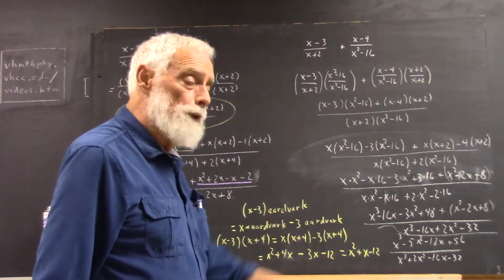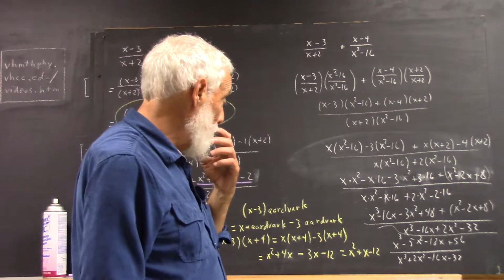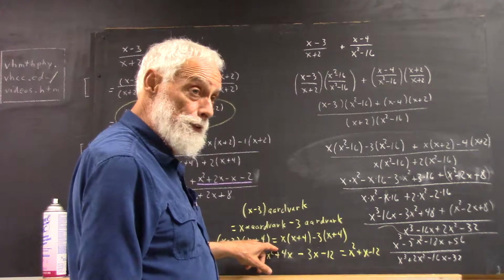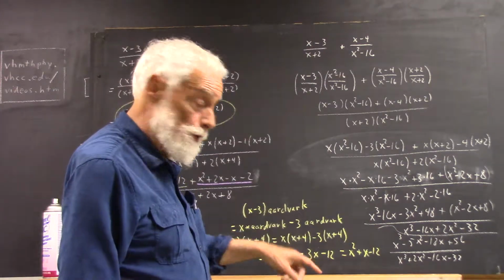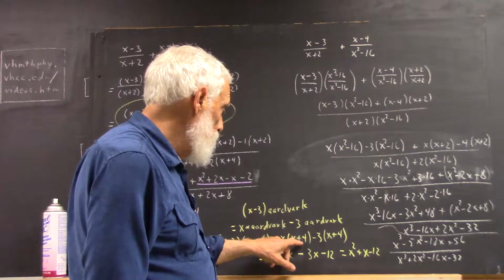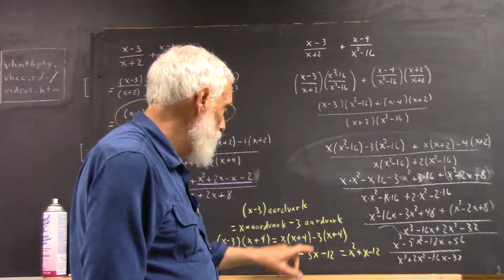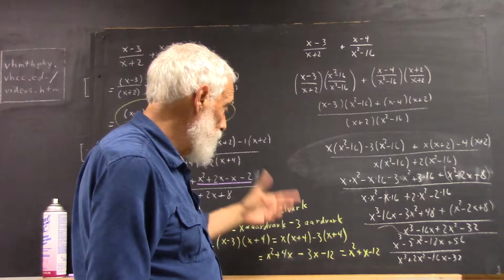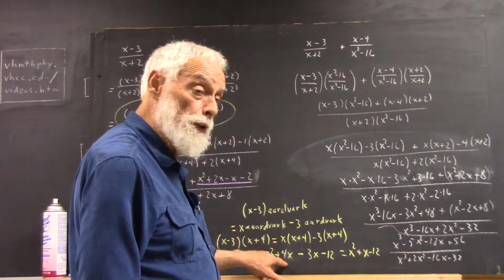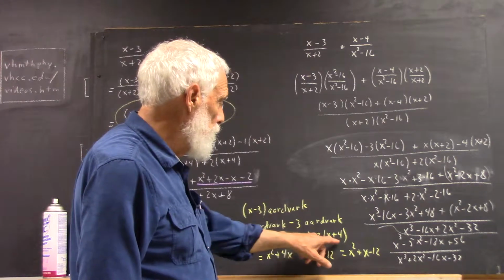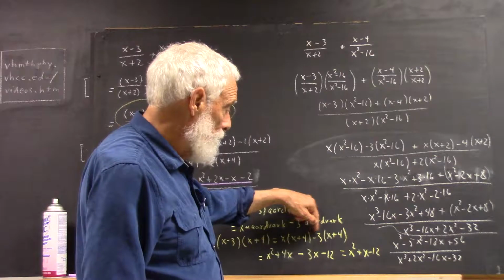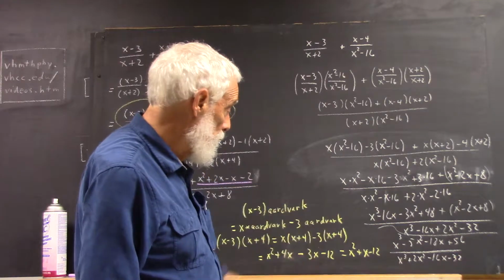And then we apply the distributive law again, because if you multiply x plus 4 by x, the multiplication again distributes over the addition. So you have x times x plus x times 4, which is, of course, x times x is x squared, and x times 4 is 4x. And then negative 3 times x plus 4, well, that's negative 3x. And minus 3 times 4 is negative 12.